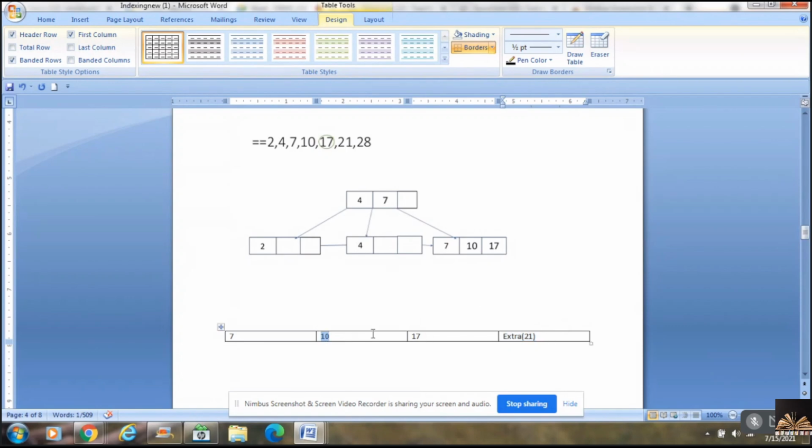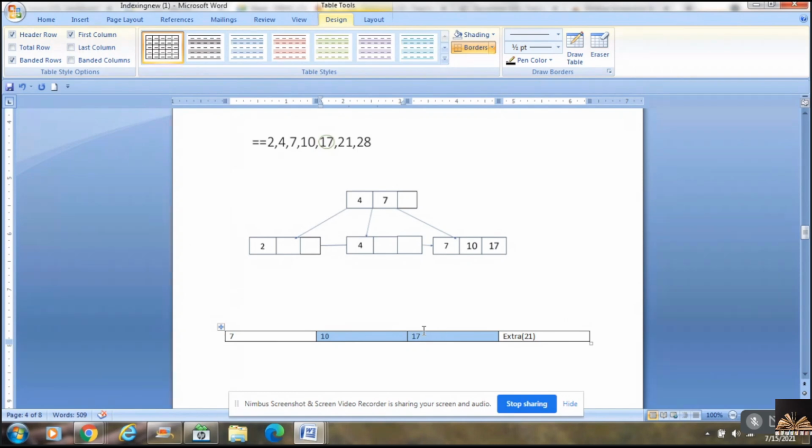These two would be the middle elements, 10 and 17. One way of doing the insertion process while splitting the node would be the concept of left bias and the concept of right bias.